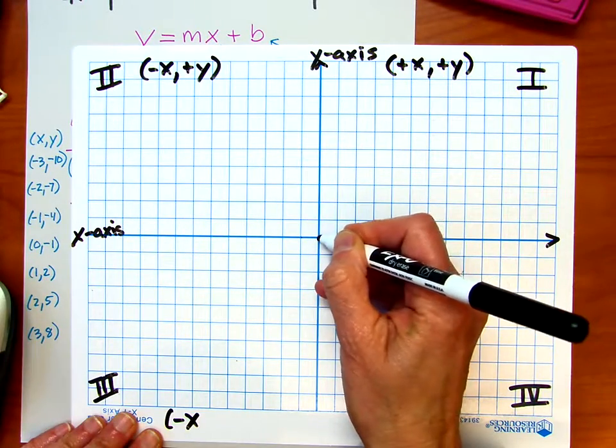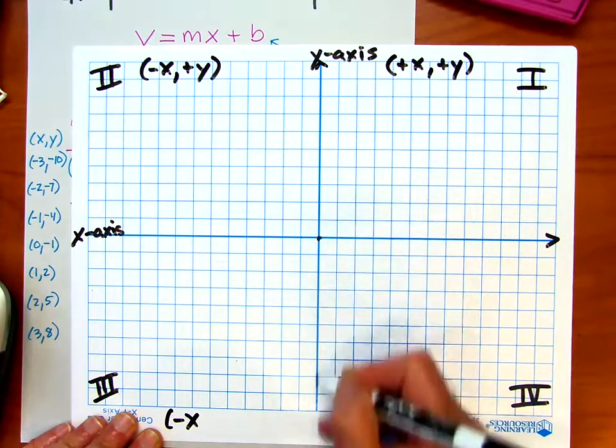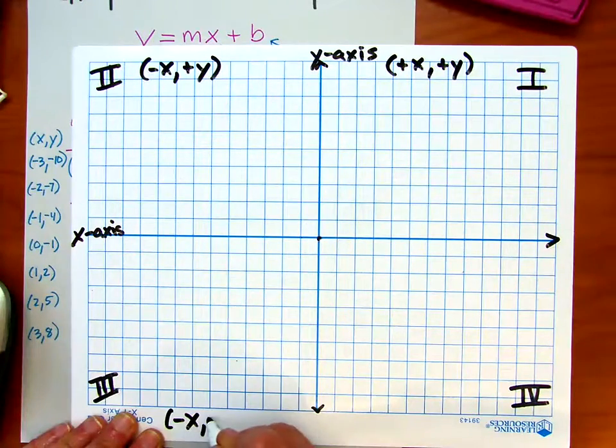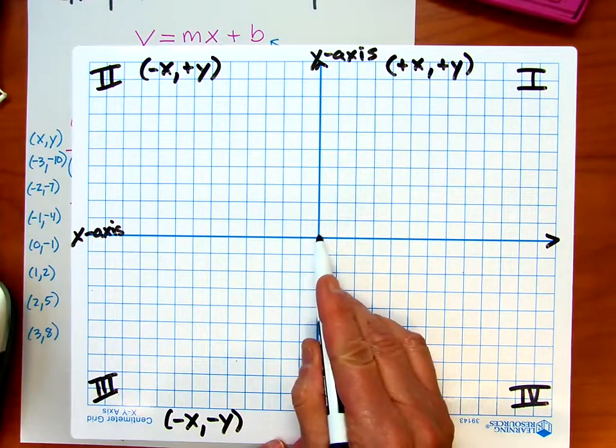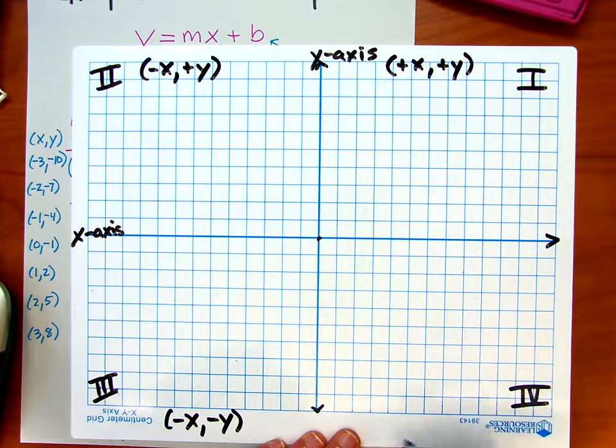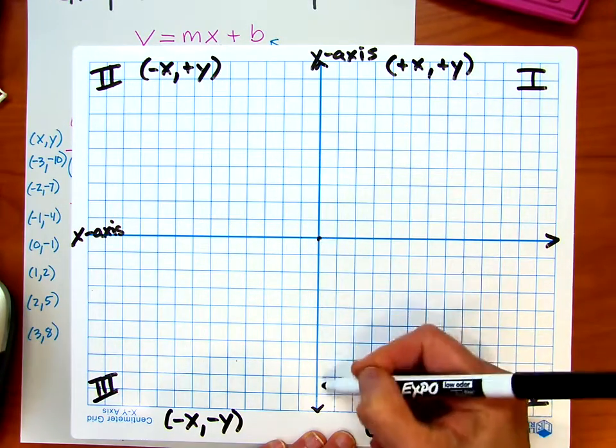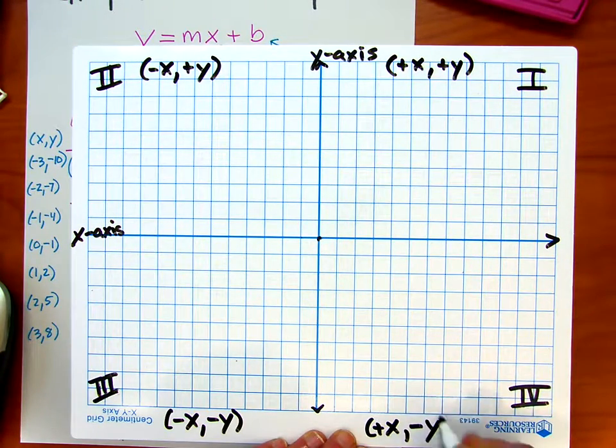And then we're going from the 0 down, so that's also a negative y. And then our last quadrant, quadrant 4, we're going from 0 to the right on the x-axis, that's going to be a positive x, but we are going down the y-axis, so that will be a negative y. And so that's important to understand, and that helps you check to make sure that you placed your points in the right quadrant.